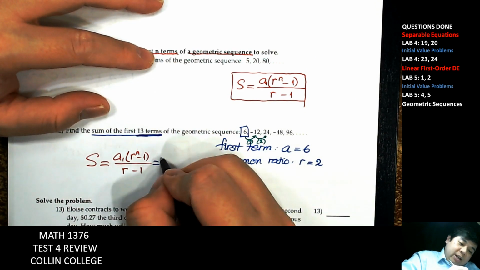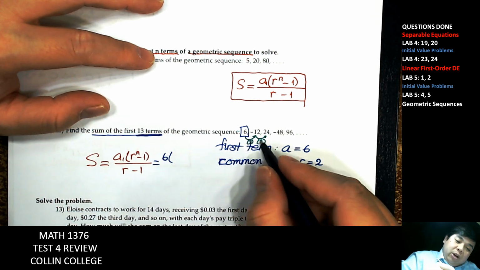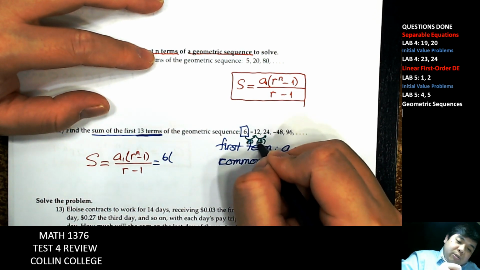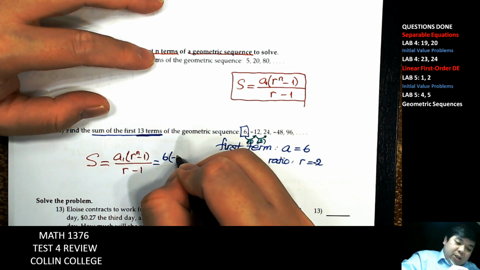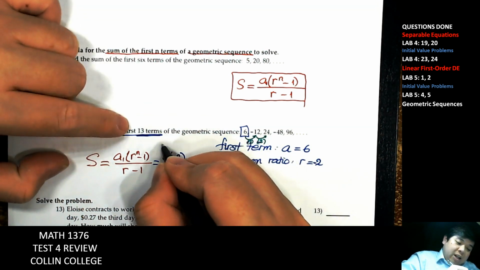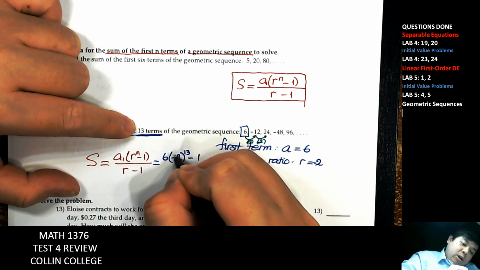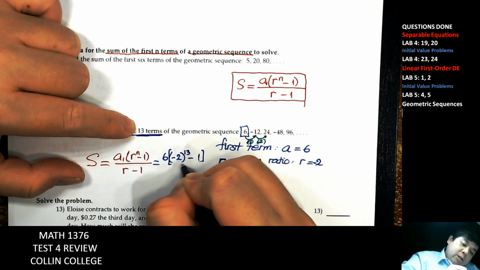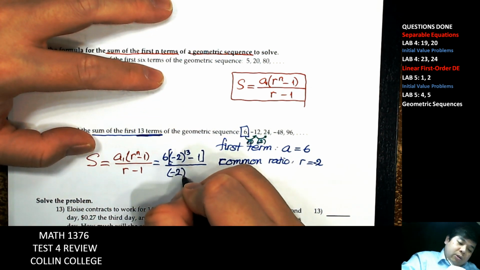So we put everything in that formula, and that's pretty much it. We have a, the first term, 6 times, by the way the ratio is -2 because the sign is alternating. -2 to the n, which is 13, minus 1, over -2 minus 1.